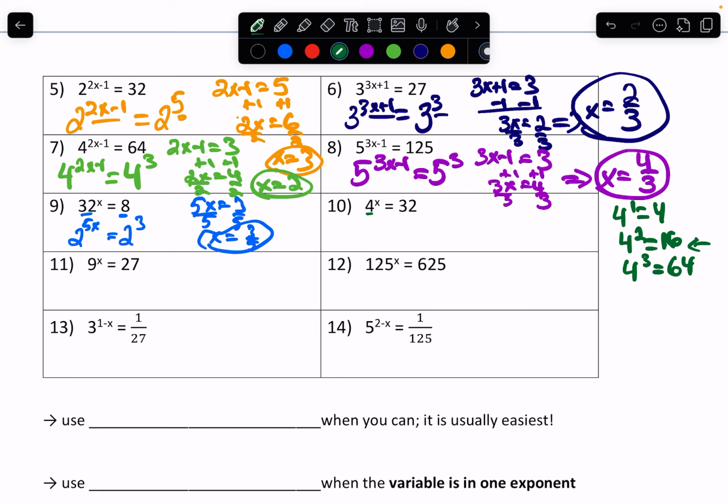So what we need to do is switch the 4 to base 2. 2 to the power of 2 is 4, and then we have to remember the x. And 32 is going to be 2 to the power of 5. So now we can set 2x equal to 5. We divide by 2, and we get x equals 5/2.